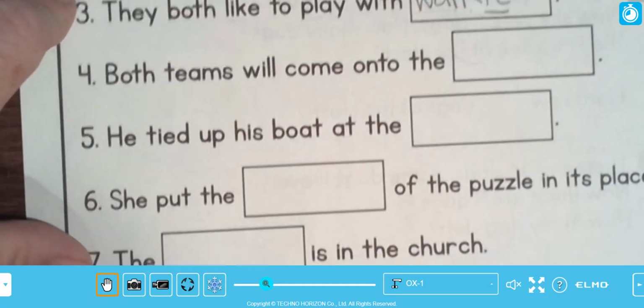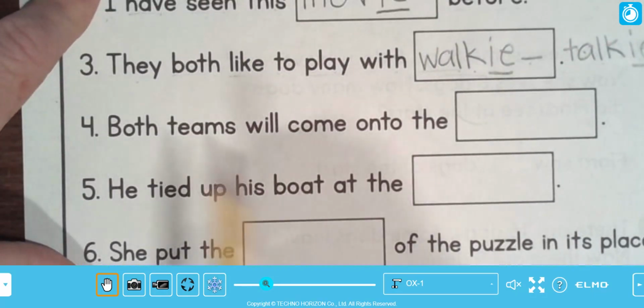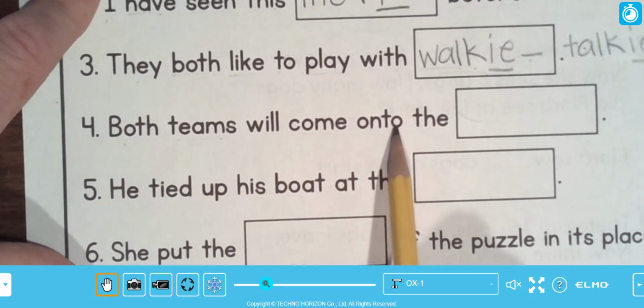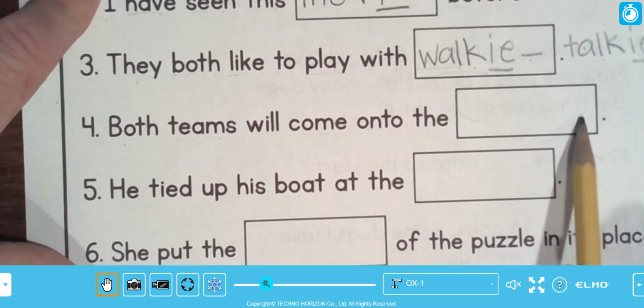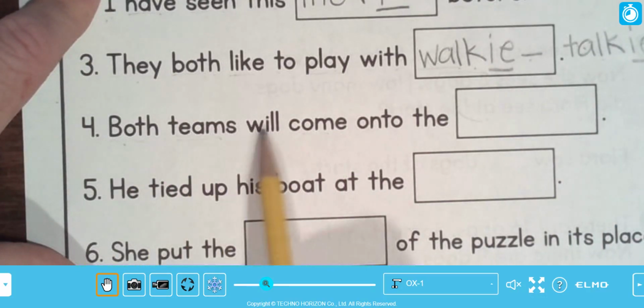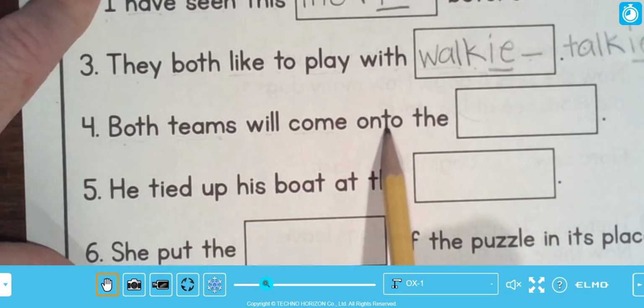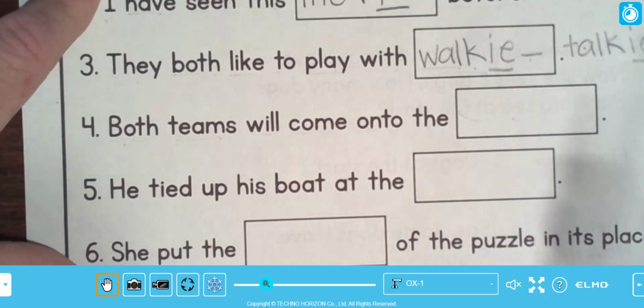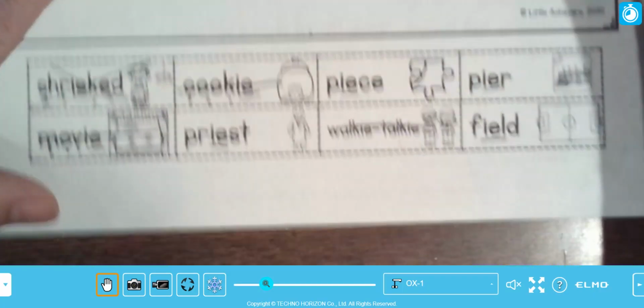Let's go to the next one, number 5. Both teams will come onto the blank. Okay, a little faster. Both teams will come onto the blank. So which one do you think it is?